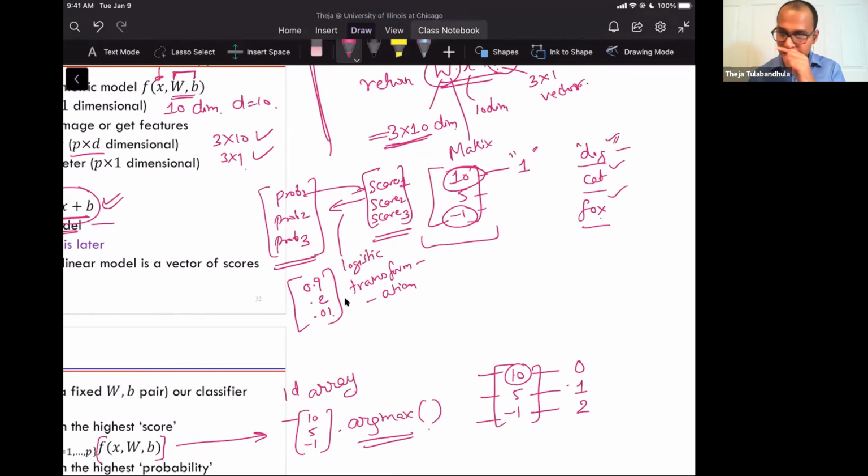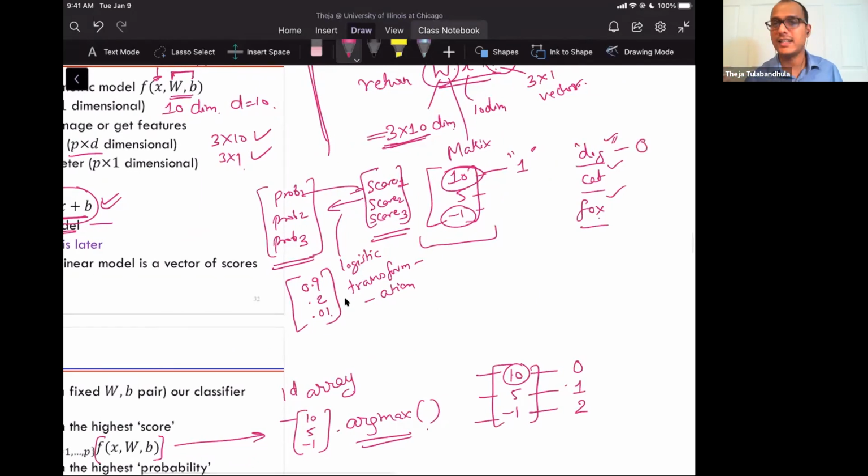So the class for my image is going to be dog if the 0th index has the highest value. Let's say the 0th index has value 10. That has the highest value among the 3 numbers. Therefore, I'll classify my input as a dog. If the first index is the highest, then I'll classify my input as cat. That's interpreting my scores.